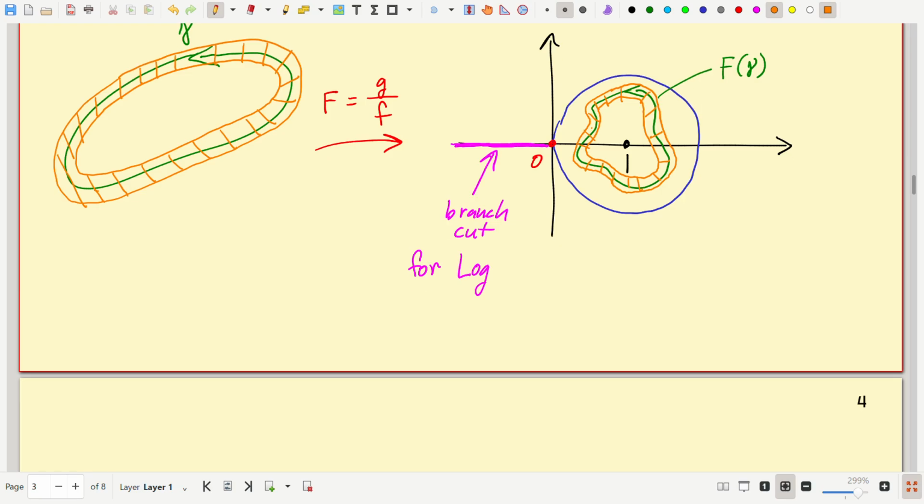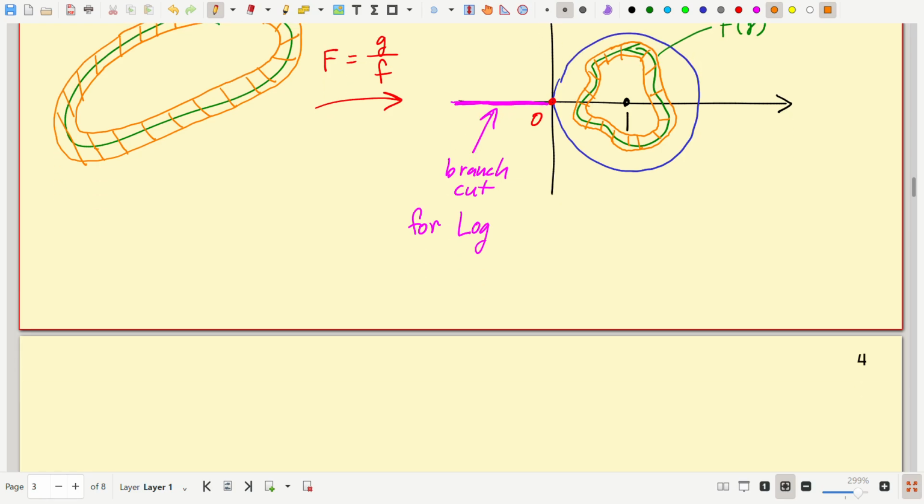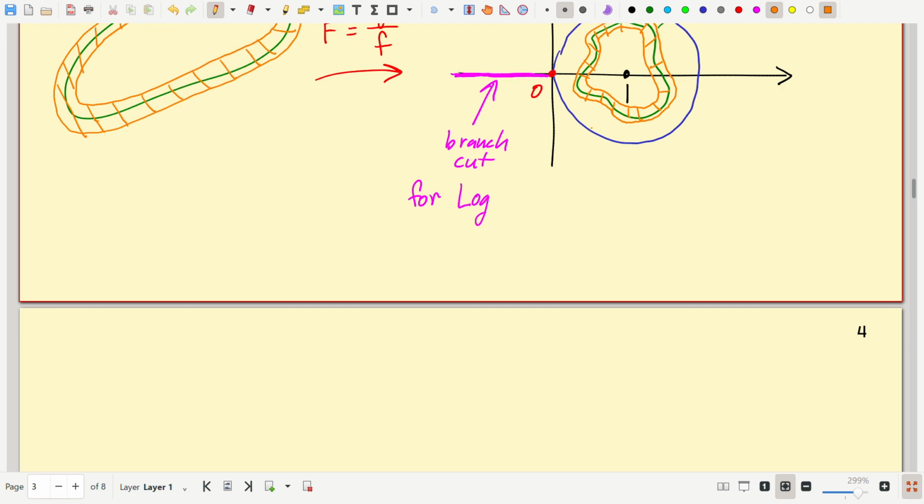Okay, here's a fascinating thing. There's a famous thing called logarithmic differentiation. Capital F is equal to G over f. And you learned logarithmic differentiation, probably in freshman calculus.